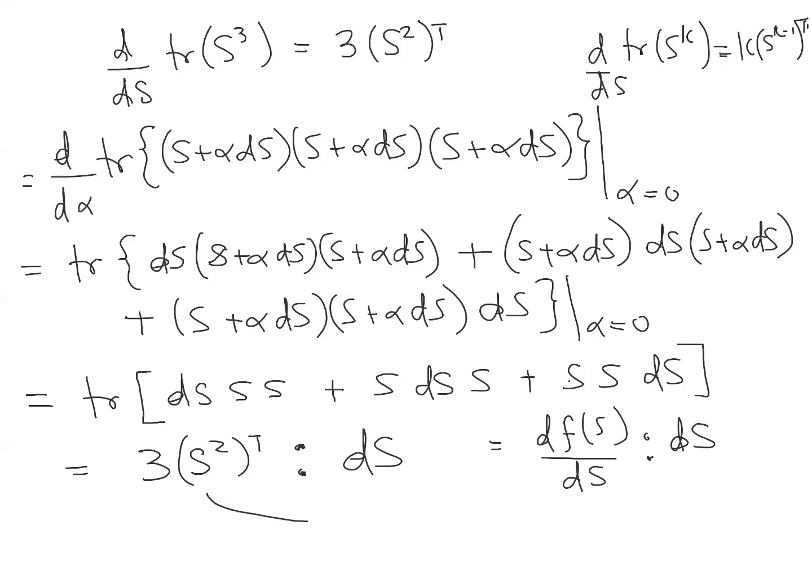And from here, you will see that in this case our function is the trace of S cubed. So you will see that that proof is done. Same step, first one, second one, third one. Just a little bit of difference in the manipulation of doing the differentiation, and the results for your Frechet derivative comes out naturally.